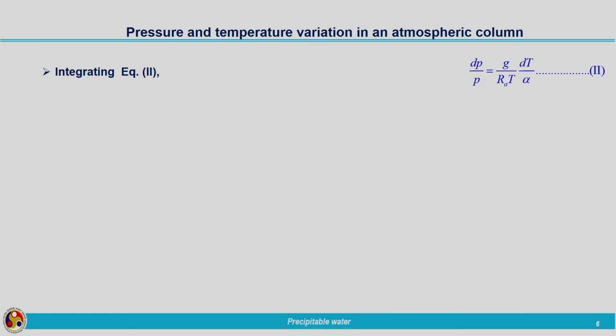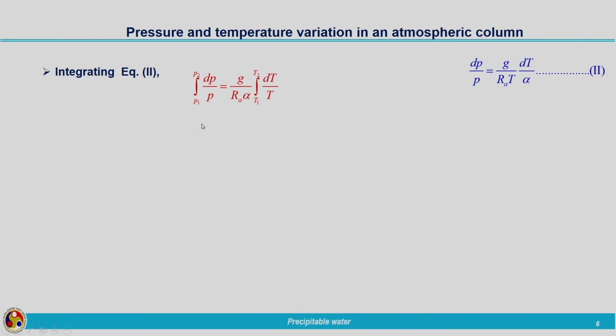So, we integrate equation number 2: integral of dP by P is equal to g by RA alpha times the integral of dT by T. What will be the limits? We will integrate from section 1 to section 2. At section 1 the pressure is P1 and the temperature is T1, and at section 2 the pressure is P2 and the temperature is T2.